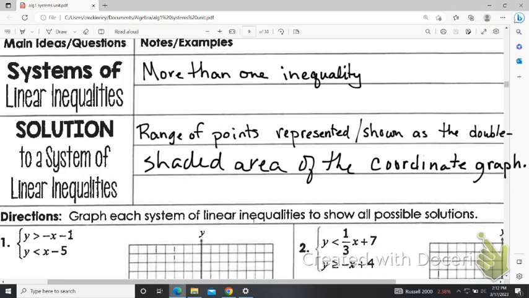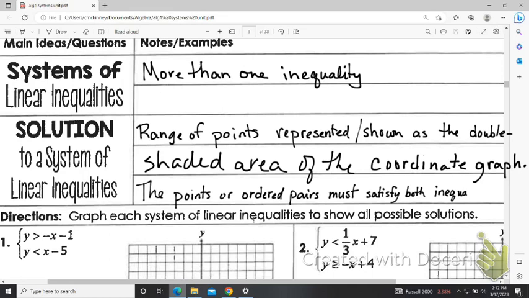And so the points or ordered pairs, we can't make a list of every one of them, but they must satisfy both equations. So in other words, they must make both equations true, or inequalities, my bad. Both inequalities.